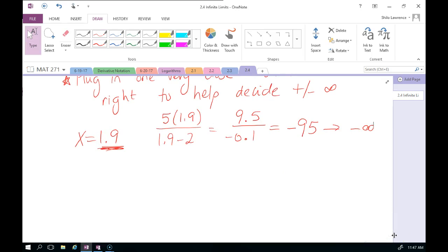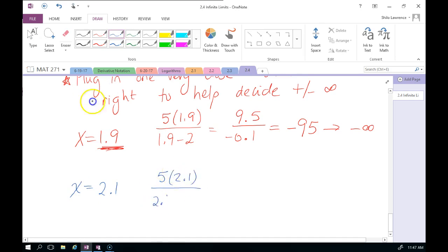And now pick a really close value on the right. So let's pick 2.1. So 5 times 2.1 over 2.1 minus 2. This is 10.5 over 0.1, which is 105.